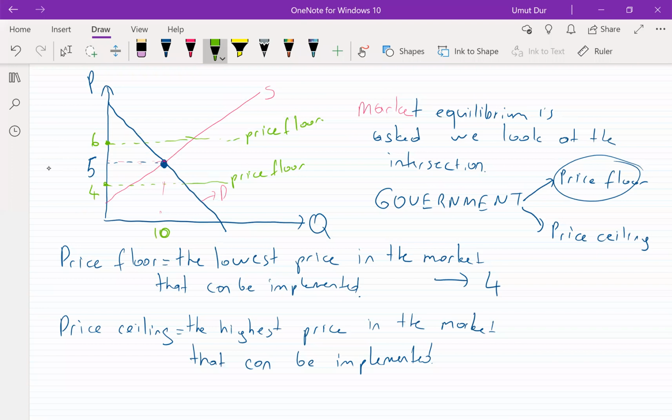The answer will be yes. If the seller cannot go below 6, 6 will be the equilibrium price. And for the equilibrium quantity, I will look at this point, so it will be 8.